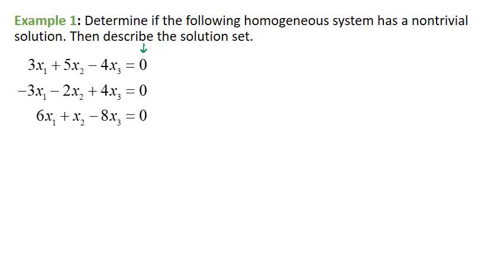Basically, we are going to make a matrix of the coefficients and then put the zeros in, so it will be the augmented matrix. Then we are going to row reduce until we get it to echelon form. So let's jump in and see what happens.